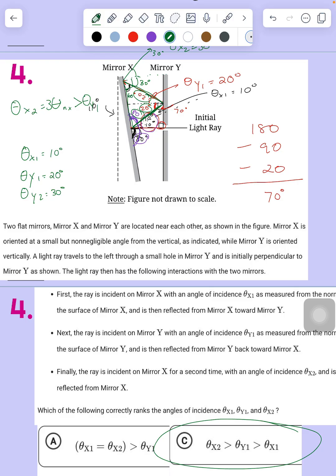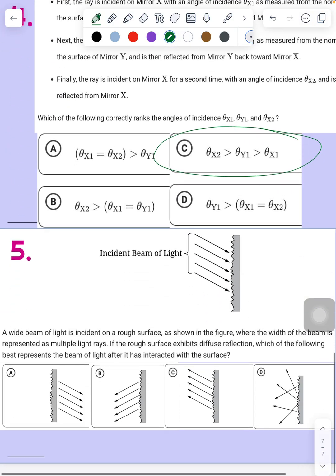And they have paragraph reasoning, but personally, I understand math the most, so I just assigned this an angle of 10 degrees and went from there. This is not an easy problem, and I feel like they would just try to make it as hard as they possibly could. Okay, and then let's move on to the last one.